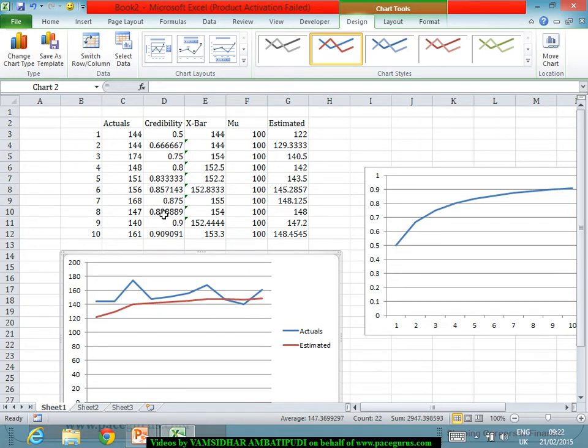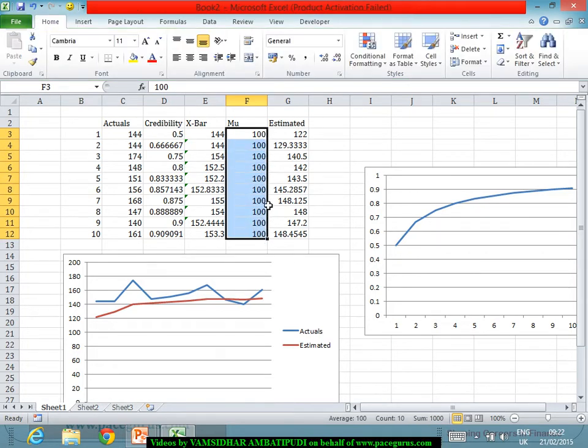And probably in this example, what you clearly see is mu is a very underestimated kind of number. In reality, our claims were nowhere closer to 100, which means the reliance on this should become lower and lower if our estimate has to improve. And this is what has happened in this example exactly.